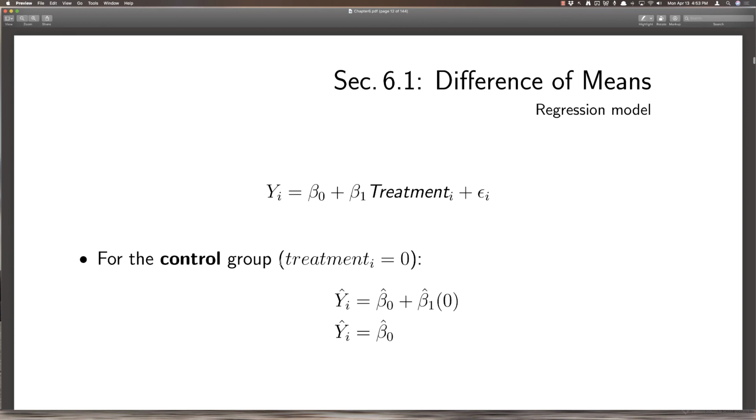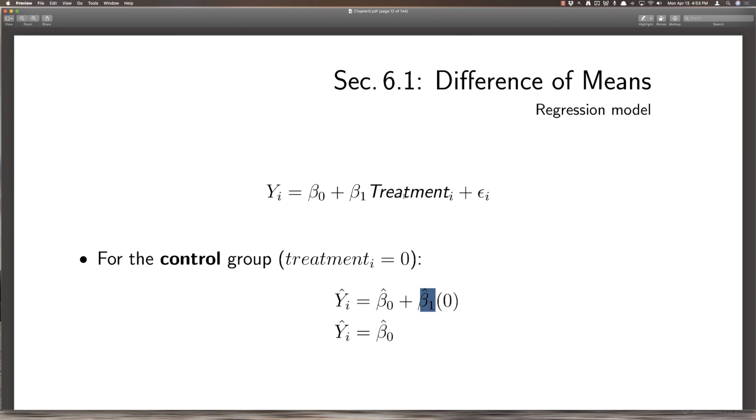So notice for the control group, what is the value of treatment for them? All right. Well, for the control group, the value of treatment is 0. So if I was looking at the fitted value, and remember what the fitted value is. The fitted value is the predicted value of the dependent variable once I've estimated the regression, and I have beta naught hat, the intercept, and I have my beta 1 hat.